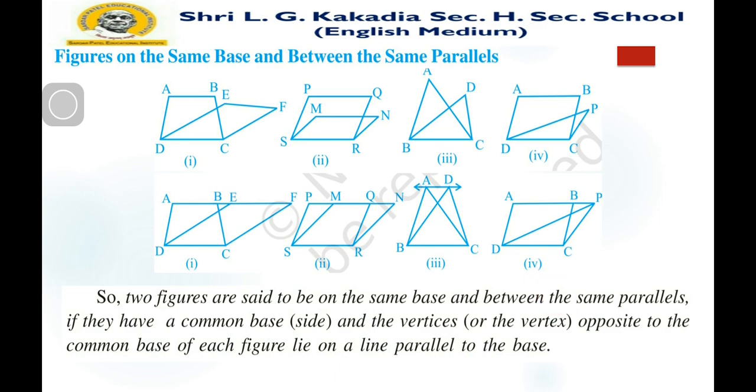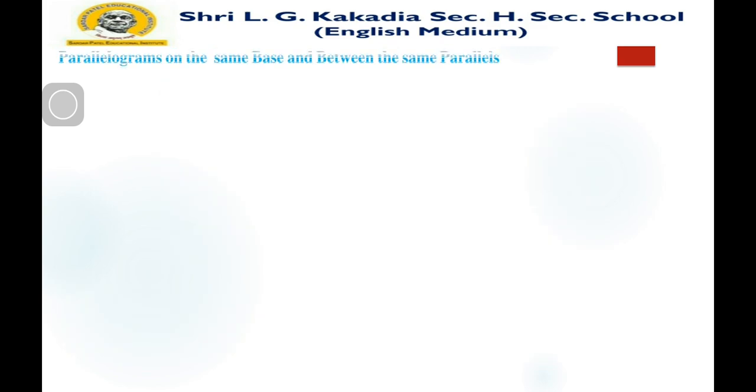Now using this property, let us find the area of parallelograms and triangles with same base and between same parallels. Parallelograms on the same base and between the same parallels.